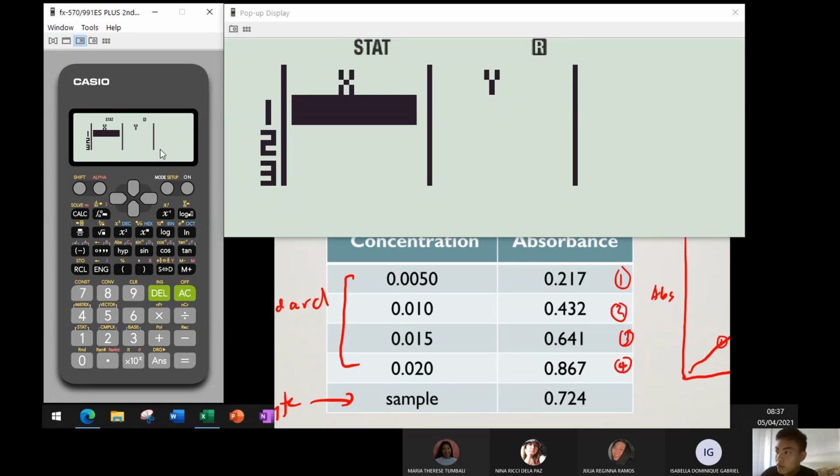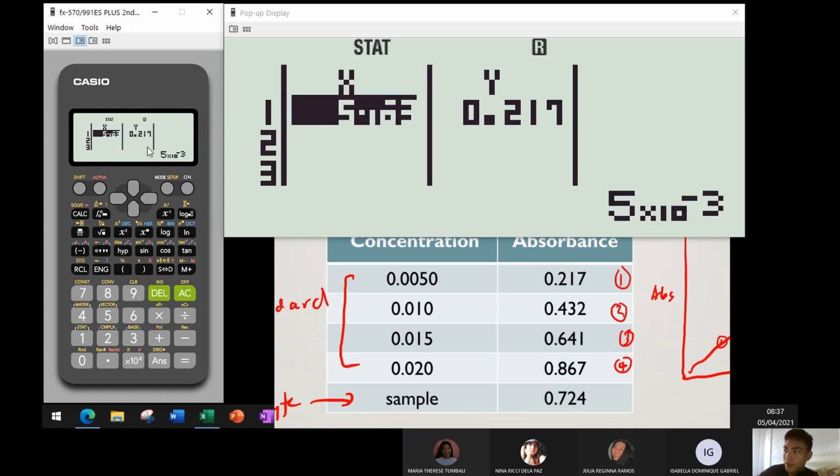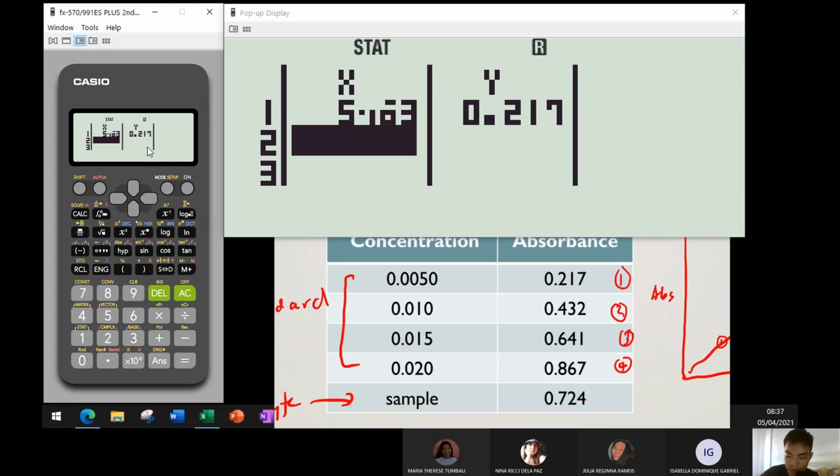Okay? So, una, we have 0.005 and the absorbance will be, ay, nagkamali. Okay? Yan, 0.005 yan. And the absorbance is 0.217. 0.005 to 0.217 ang kanyang absorbance.